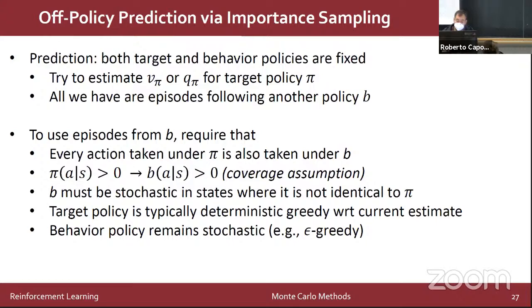This also implies that the target policy is typically deterministic and greedy with respect to the current estimate. So you don't need to be epsilon greedy, right? Because we said last time, in the on policy case, we need to be epsilon greedy only during learning. So the target policy in this case is just exploiting the information that it's learning, and we don't need to explore by using the target policy. We explore by following the behavior policy in this case. So the behavior policy is stochastic, so it can be epsilon greedy, for example.